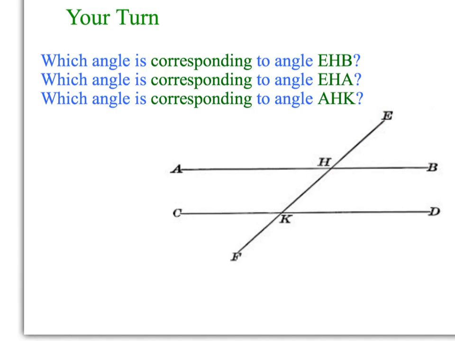Alright, so this angle here would be this one. It's above the parallel line but to the right of the transversal. So therefore this one would be the corresponding angle, and that is HKD. So angle HKD will be the answer for that one.